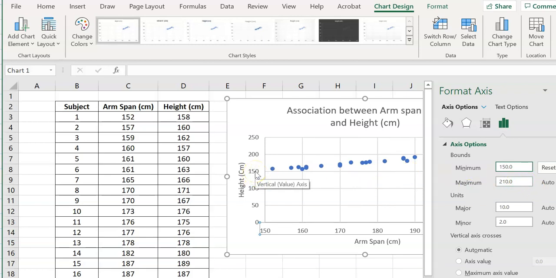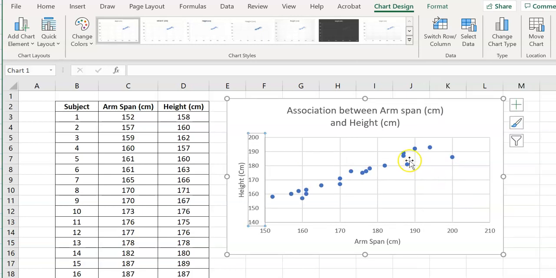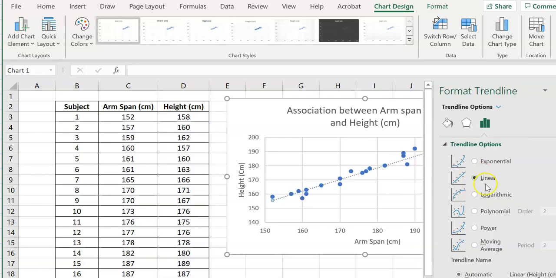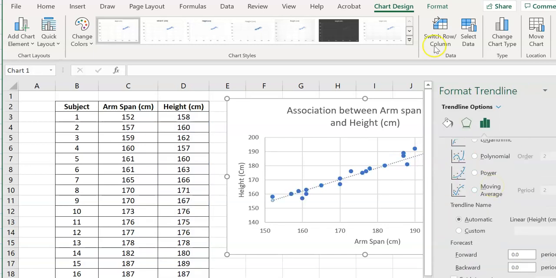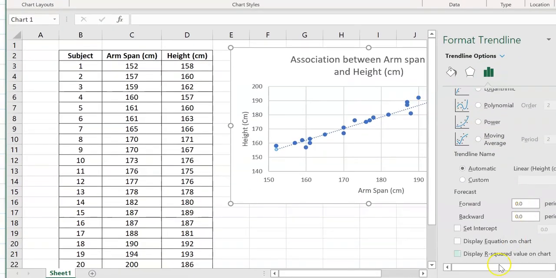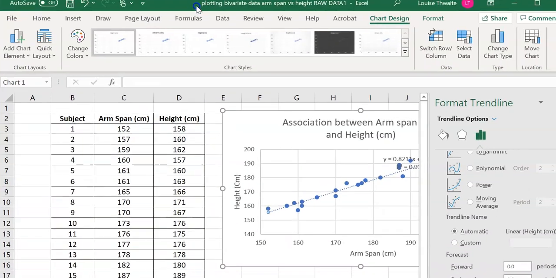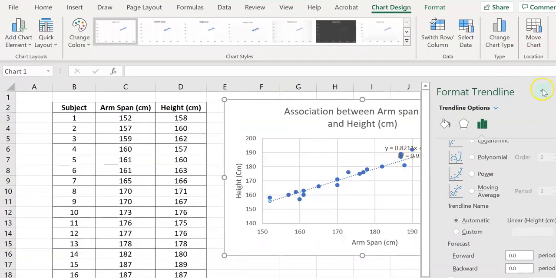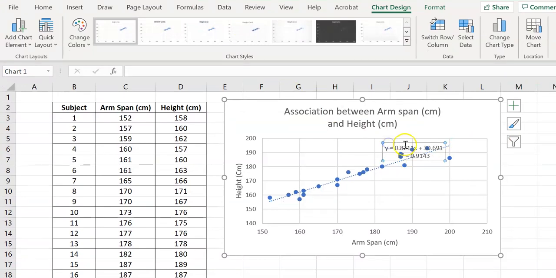Click on the other scale, do the same thing. Remember to add the trend line in, linear, display equation on chart, move it if you want, bold it, and we're ready to go.